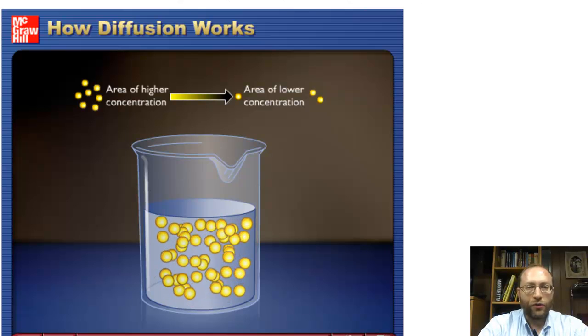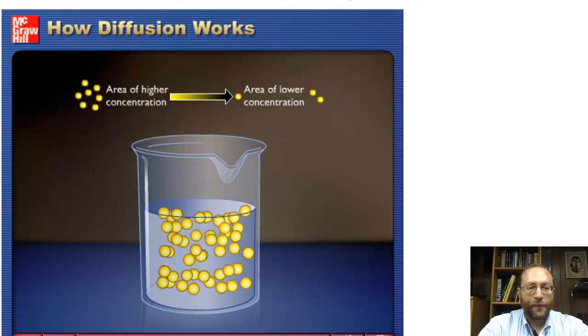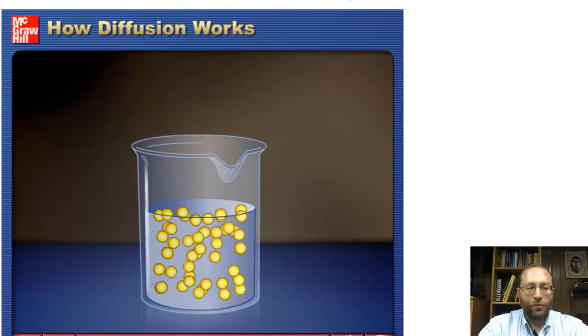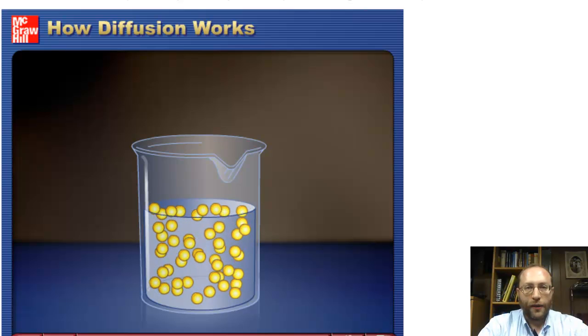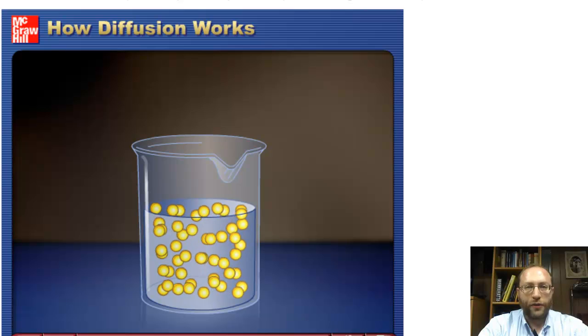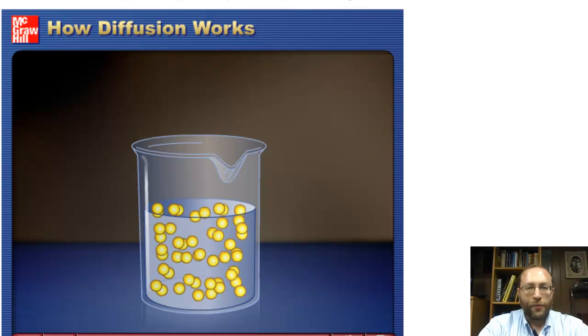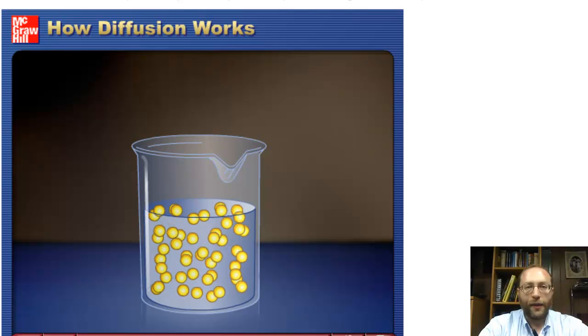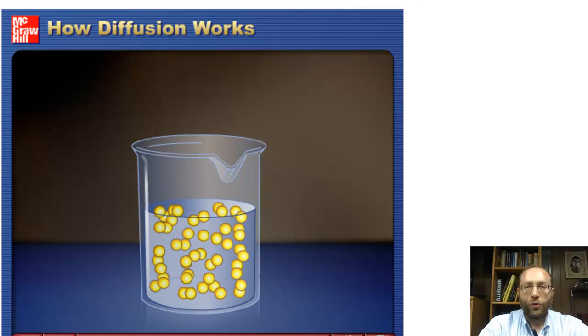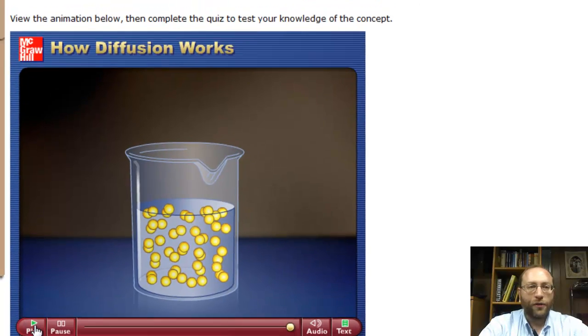And you see this throughout your life, not just in biology. Like if you are cooking something, the particles that make the odor of, say, your cake that's baking or whatever food you're making spread throughout the whole room and your whole home is diffusion.